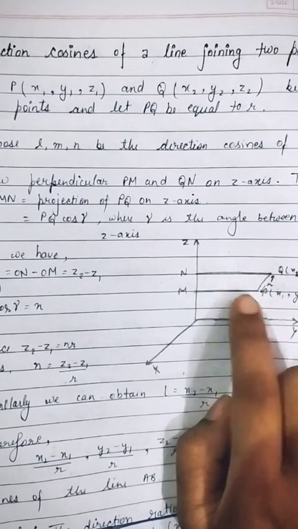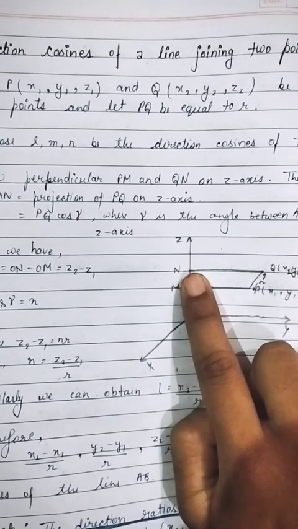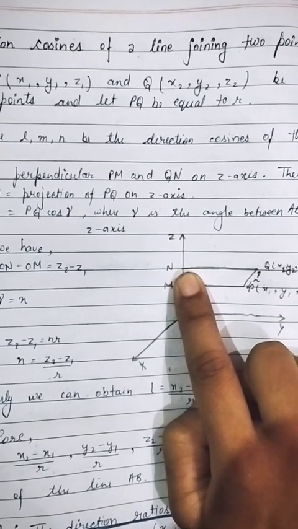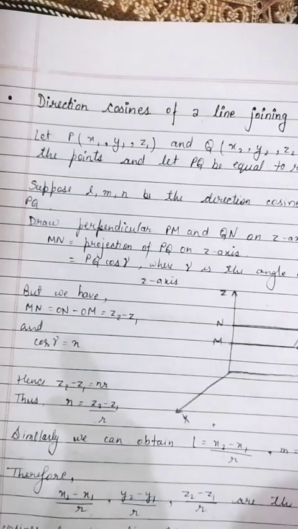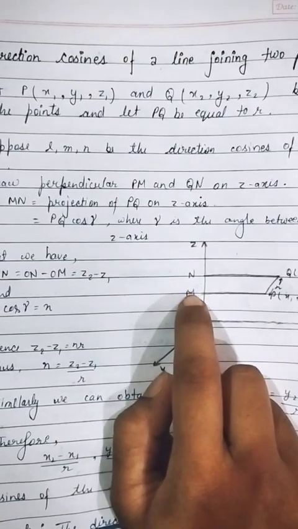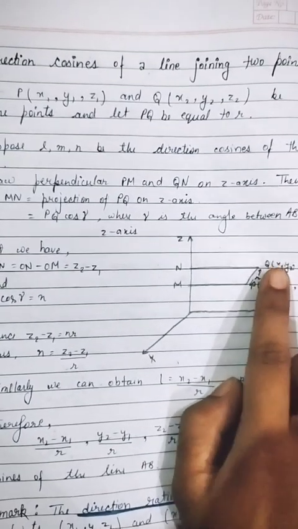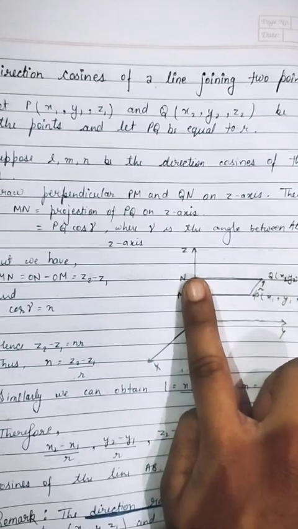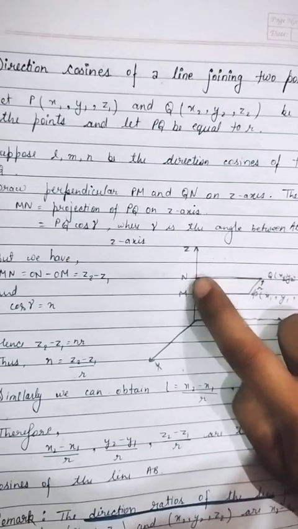This is the perpendicular PM, and the perpendicular QN is drawn from the z-axis to the point Q. So this distance MN is equal to the projection of PQ on the z-axis. The projection of PQ on the z-axis will be this distance MN.